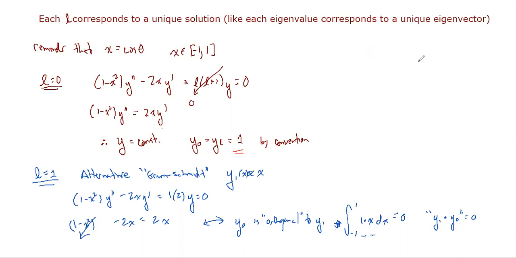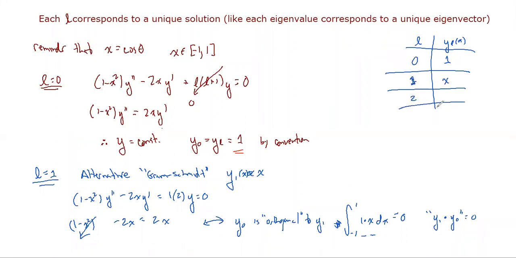So we have L and Y L of X. So L of 0 is 1 by convention. Y1 is X, again, chosen by convention.